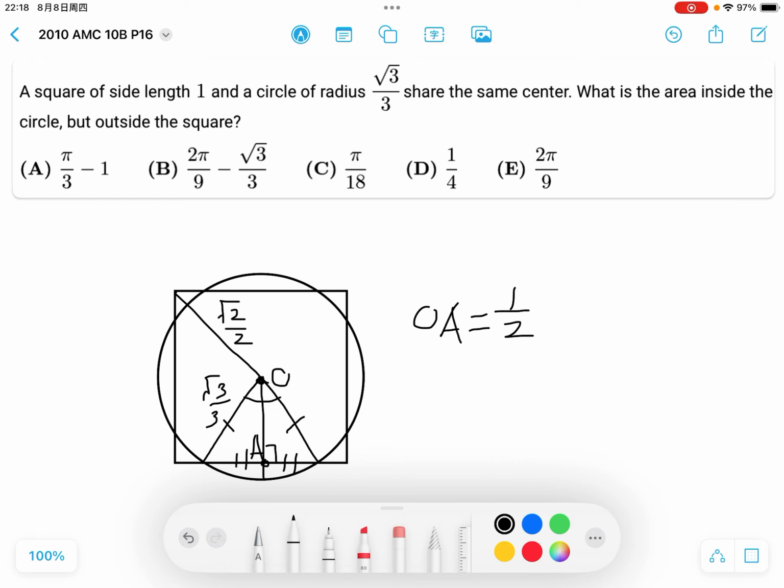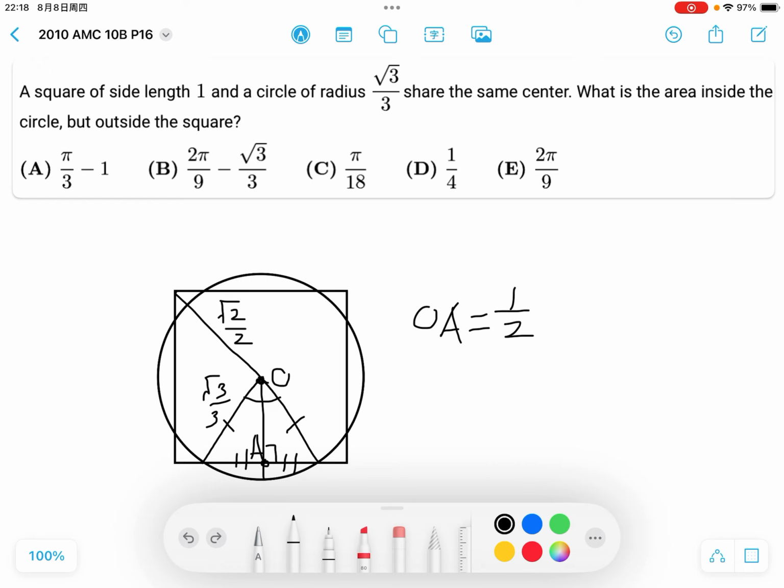Why is that? Because O is the center of the square and the circle. What does the center of the square fundamentally mean? It's equidistant from all sides and all vertices. So OA is the distance from O to another side, right?